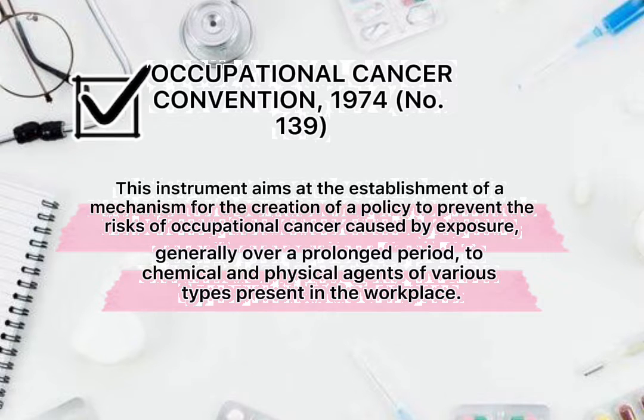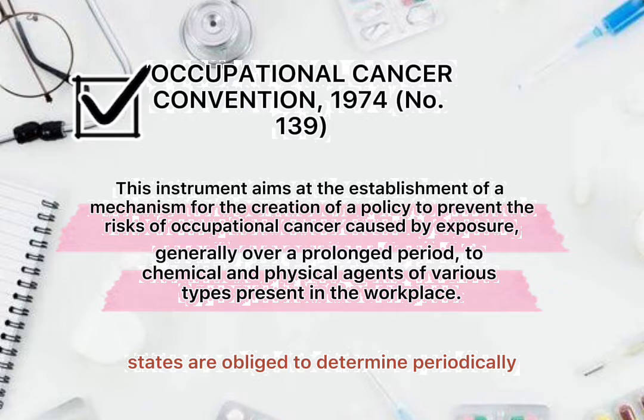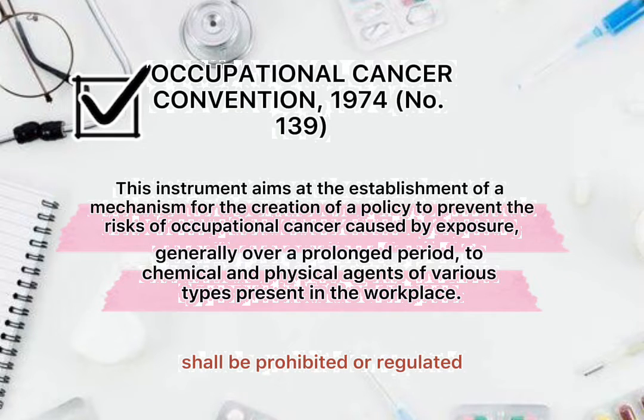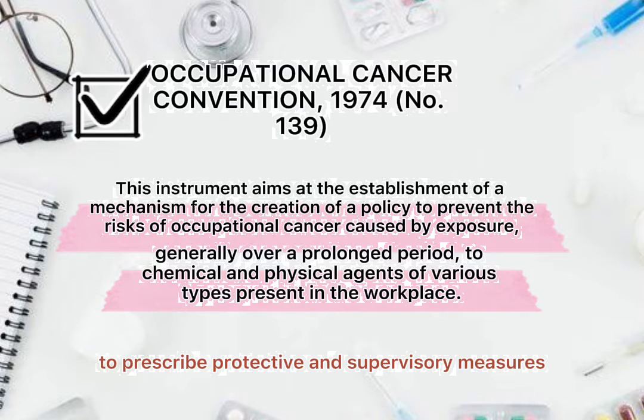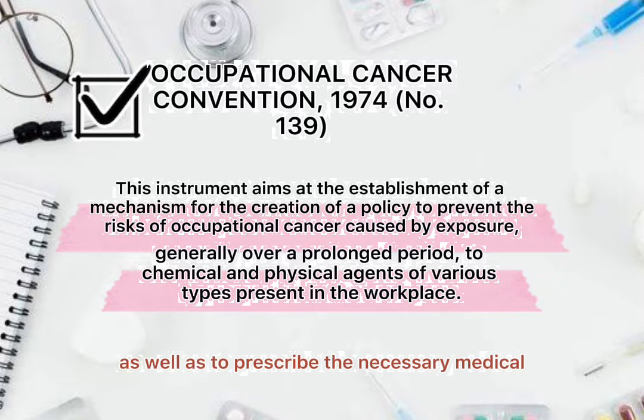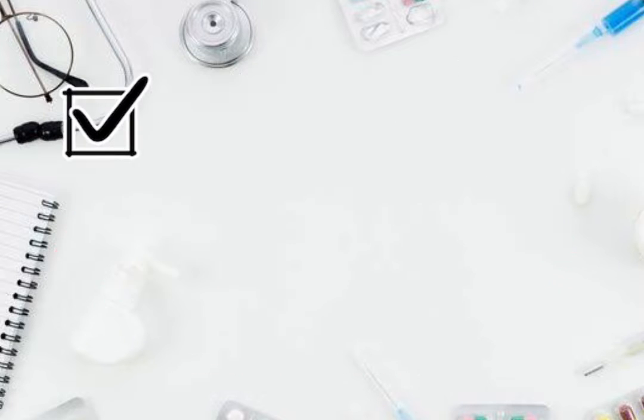For this purpose, states are obliged to determine periodically carcinogenic substances and agents to which occupational exposure shall be prohibited or regulated, to make every effort to replace these substances and agents by non-carcinogenic or less carcinogenic ones, to prescribe protective and supervisory measures as well as to prescribe the necessary medical examination of workers exposed.